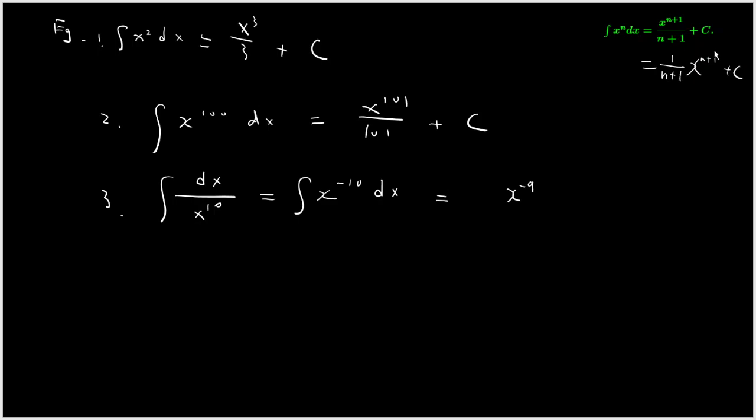I'm trying to say the coefficient in the box is always the reciprocal of the exponent here. It's actually true in general. I'm telling you a little trick now. If in the antiderivative the exponent is negative 9, the number before that is always the reciprocal of the exponent, which is negative 1 over 9.